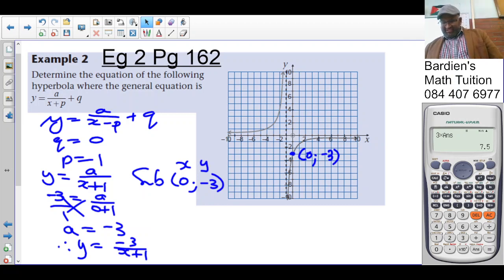Right, listen. We're going to go now into the equation of the exponential function. Okay? Determining the equation of the exponential function.